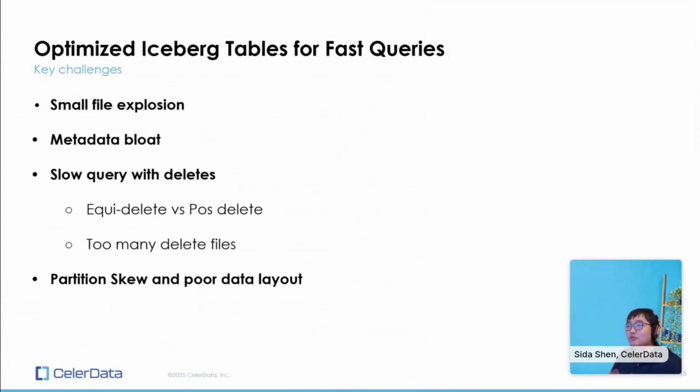First is small file explosion. When you ingest your data into Apache Iceberg, after ingestion it's actually not done, especially if the update interval is low, when you're trying to do real-time, or rather near-real-time, analytics, since Apache Iceberg cannot really do real time.